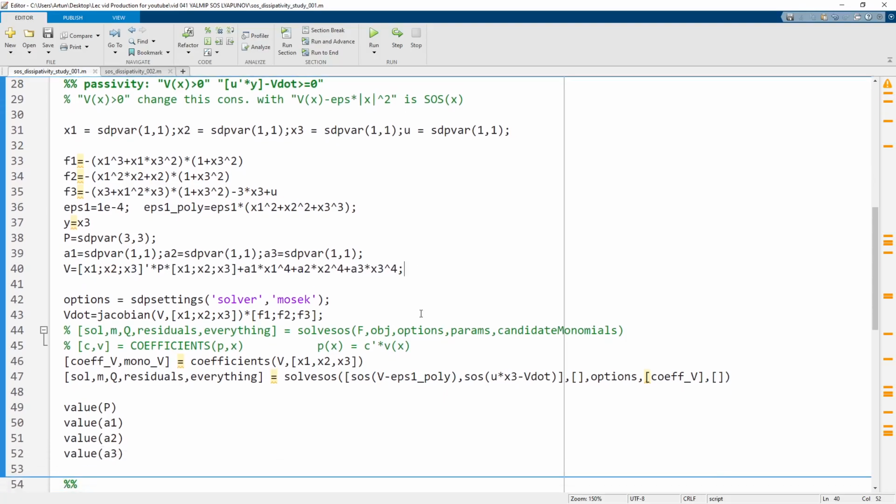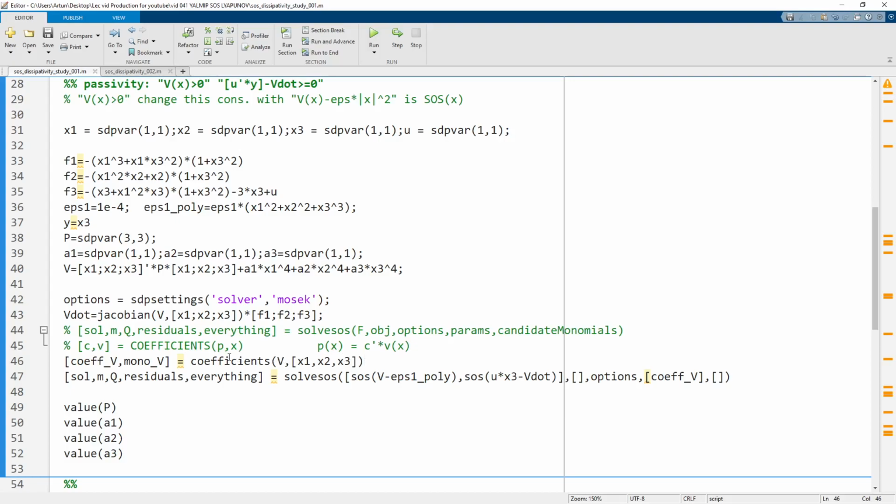We are using MOSEK as SDP solver, and we are getting our V dot expression. Then we are getting the coefficients of our V of x polynomial by using the coefficients command, a built-in command in YALMIP.